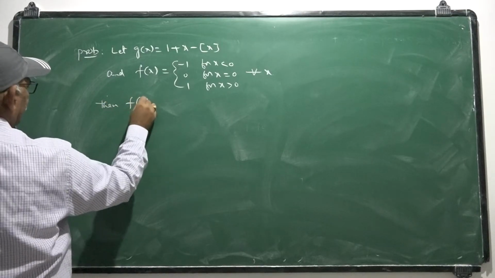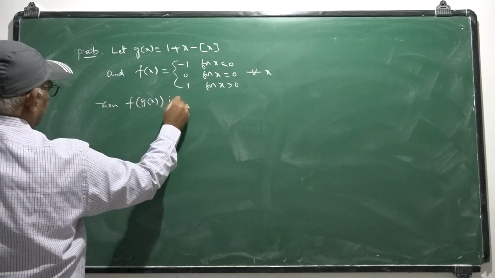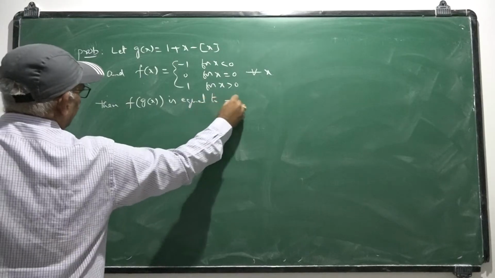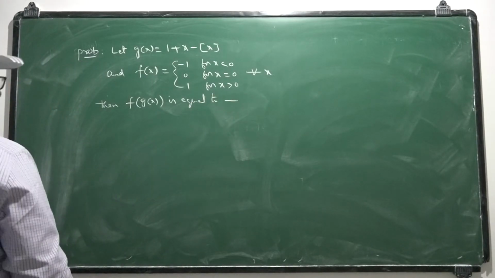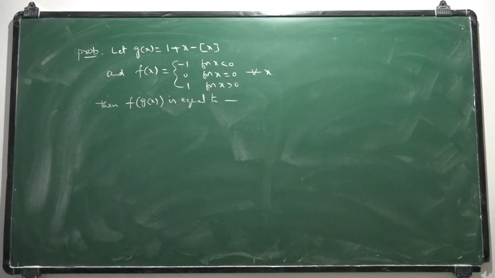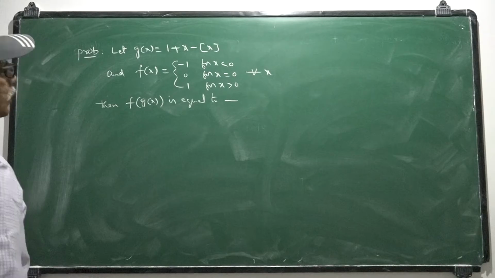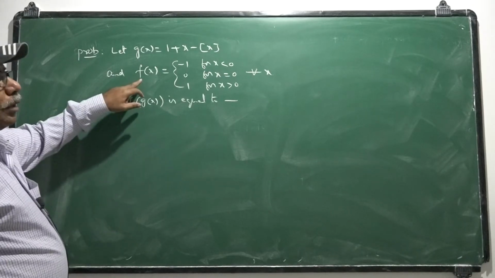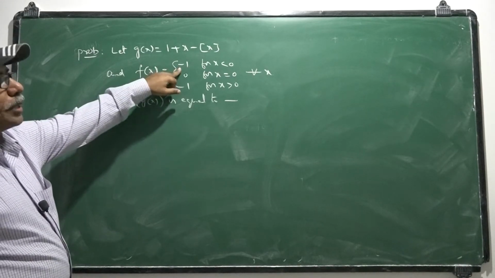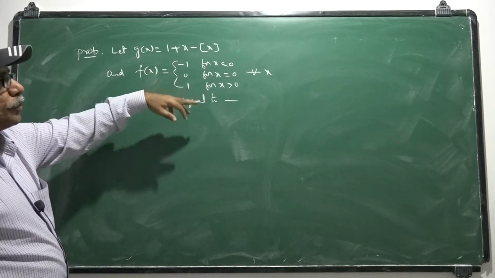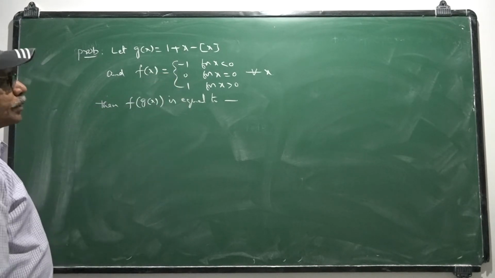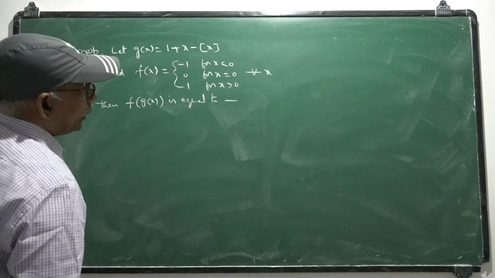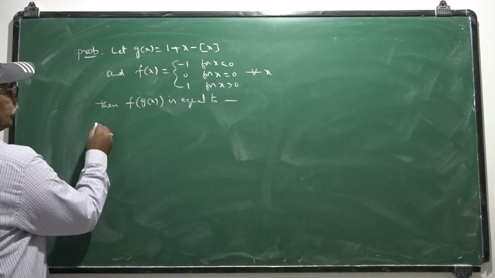Then f(g(x)) is equal to: g(x) is 1 + x - [x], and f(x) is given as -1 for x negative, 0 for x = 0, and 1 for x greater than 0. Then f(g(x)) is equal to?